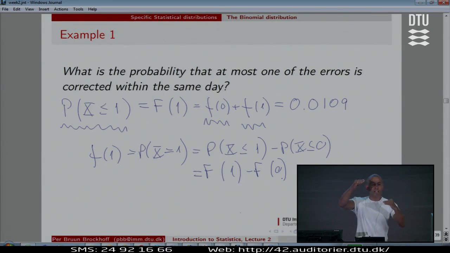If we accumulate up to this and we accumulate up to the next, and subtract them, just the next one is left. So this could be used to find individual probabilities from the table, rather than doing it yourself. But it's much easier in R, of course. So use R, that's a much more modern and relevant way of working with this for now, in the course, and for your whole future.